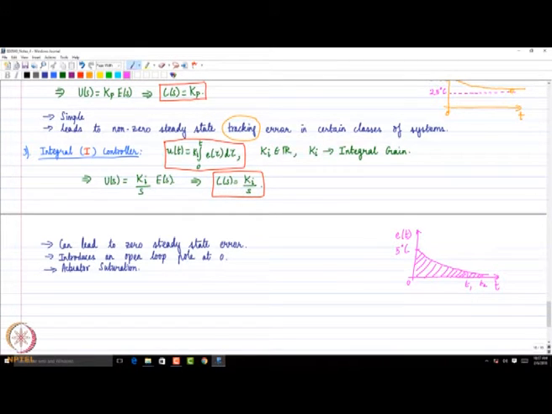That is another limitation with integral control, so we need to be a bit more careful. This is what is called actuator saturation. When you design integral control, you need to plot the control input and check whether you are able to maintain your control inputs within the allowable bounds of operation. That's a check we need to do.